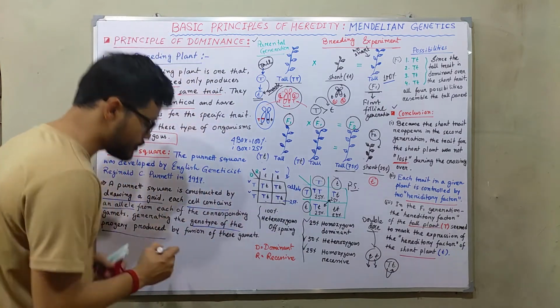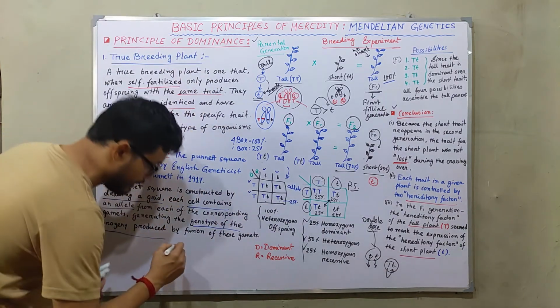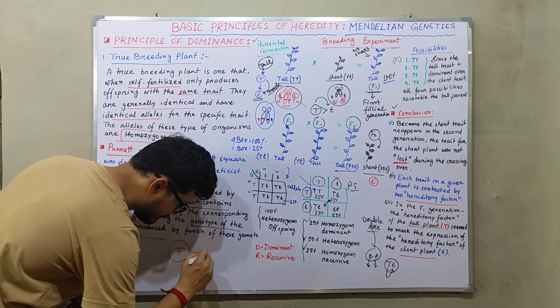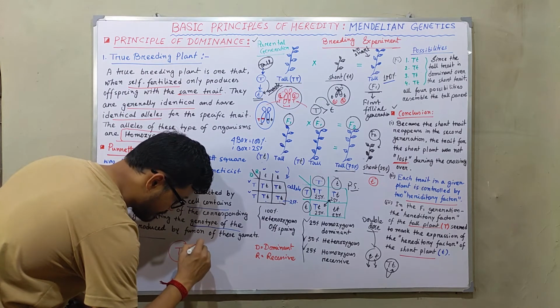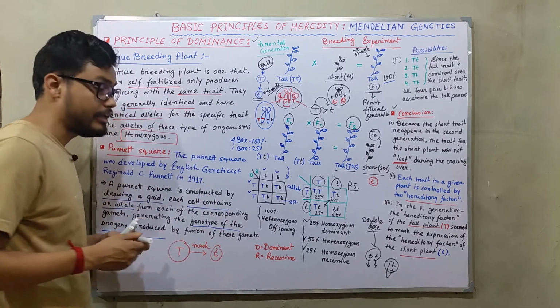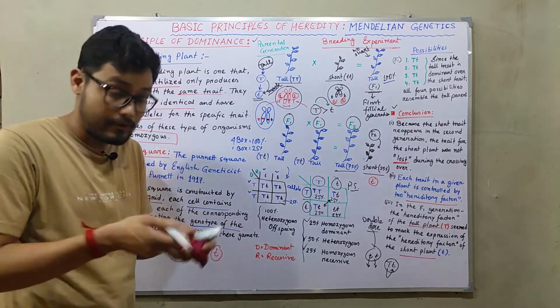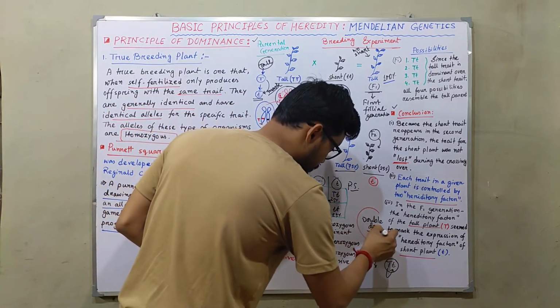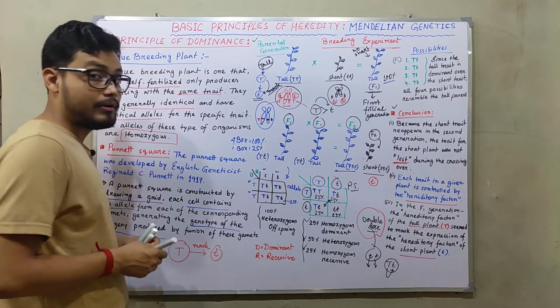So we can now conclude that capital T, whenever present, masks or suppresses the expression of small t, and if the short phenotype is expressed, then it should be in double dose condition.